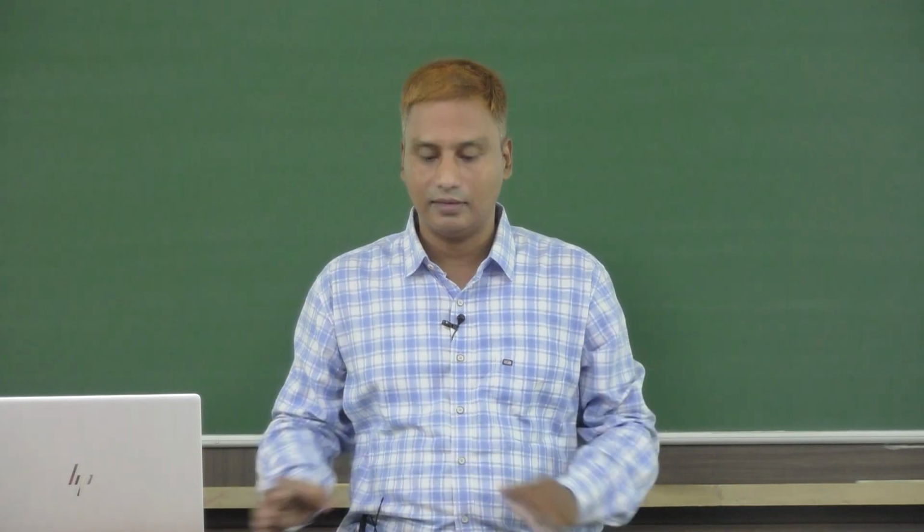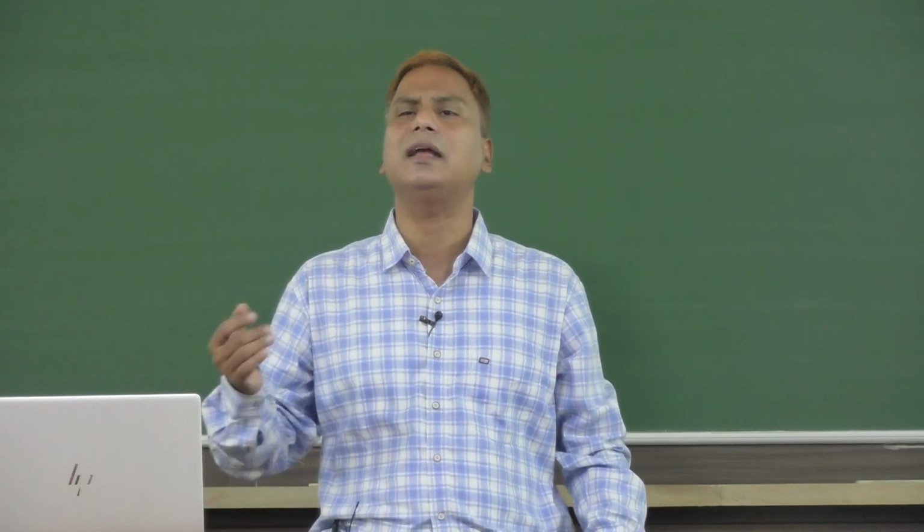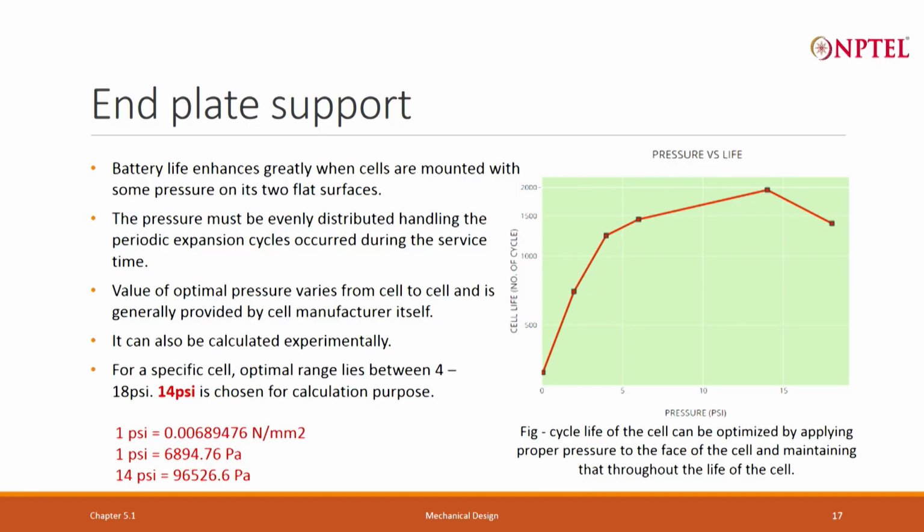The life cycle of the cell will come drastically down, which you can see from this curve. If I do not provide any pressure on the cell surface, a cell which is supposed to go for 2000 cycles will work only for approximately 100 or 150 cycles.